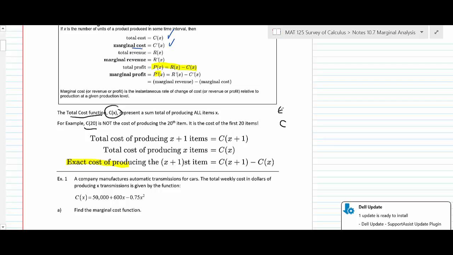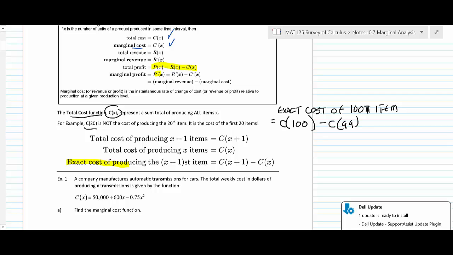If you wanted to find the exact cost of, say, the 100th item that you're producing, that is not C of 100. What you're doing is C of 100 minus C of 99, like that, okay?